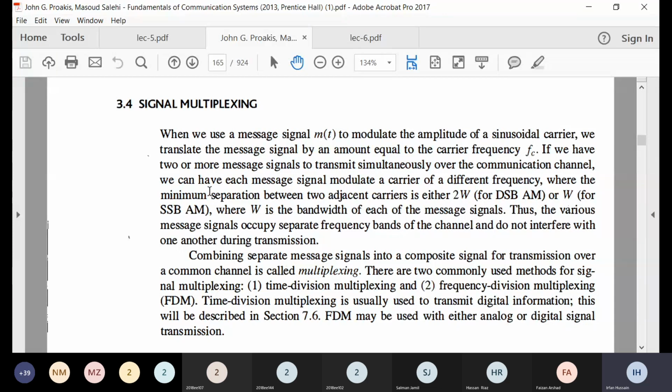There are various users, and every user's signals will be multiplexed to different carriers, and we have a very large bandwidth of optical fiber. So all those signals will be sent through your channel.